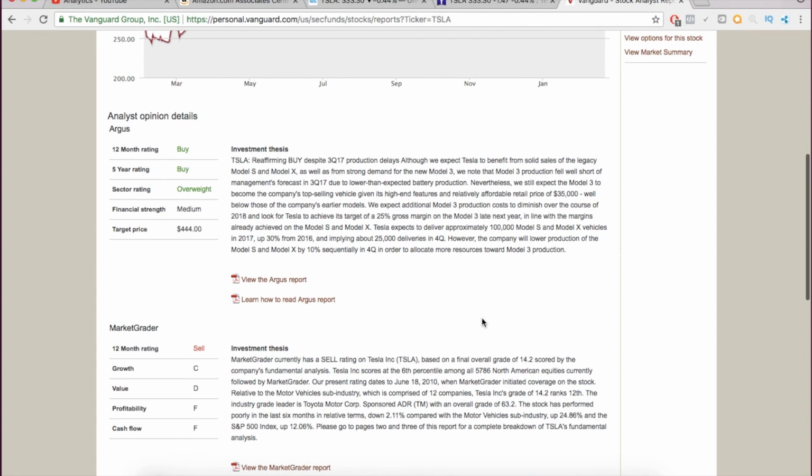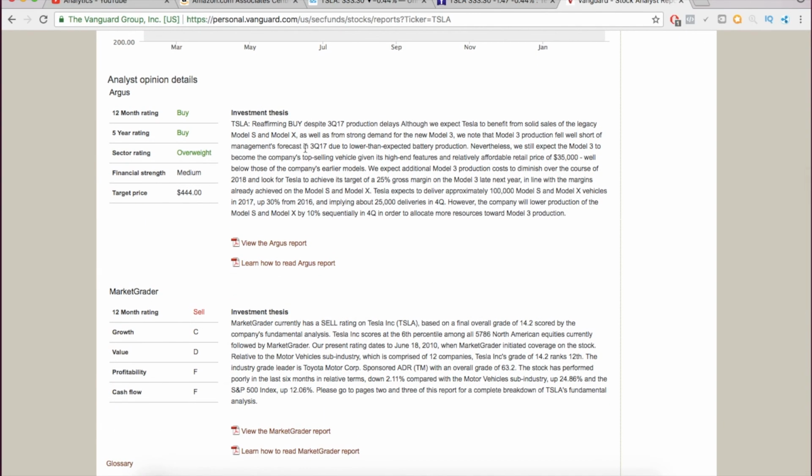But as of today, Vanguard provides you with actual reports performed by professionals who have a career dedicated to analyzing, living and breathing stock data. So you have a report provided here by Argus where the recommendation is to buy, and they have one with a recommendation to sell, because they always want to give you both sides of the coin, so you study, get all of the facts, and then ultimately you make the decision.